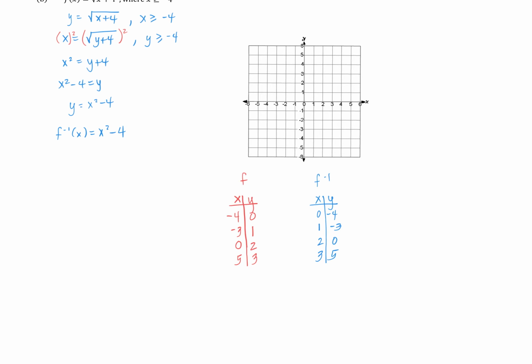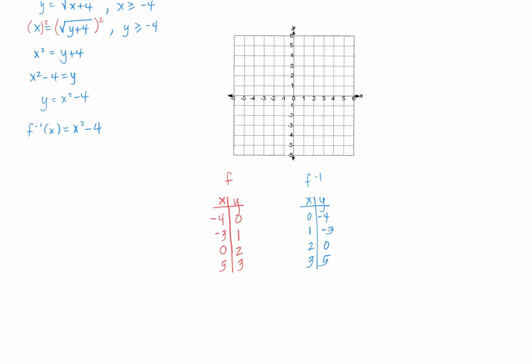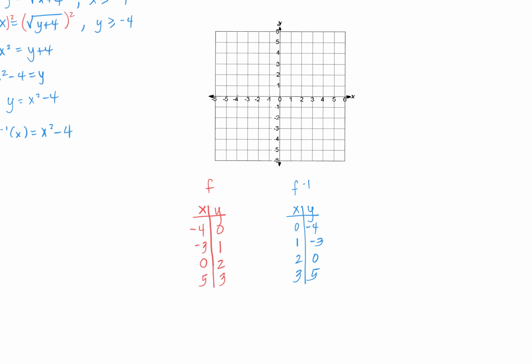I'm going to graph these. My function f is going to be passing through -4, 0, -3, 1, 0, 2, and 5, 3. And then my inverse function is going to pass through 0, -4, 1, -3, 2, 0, 3, 5.